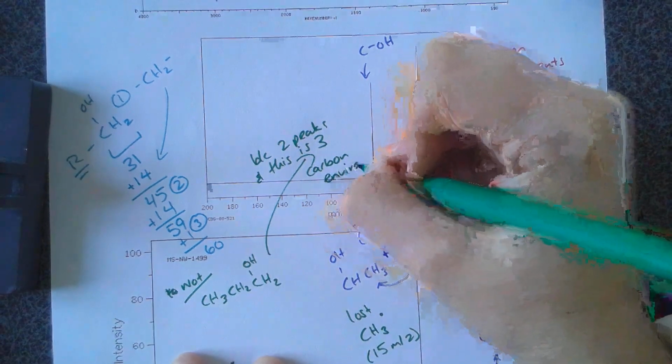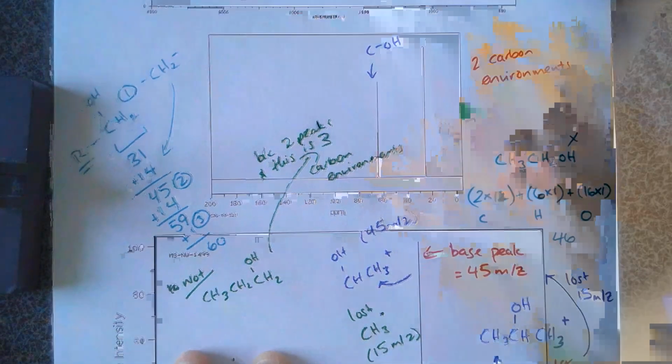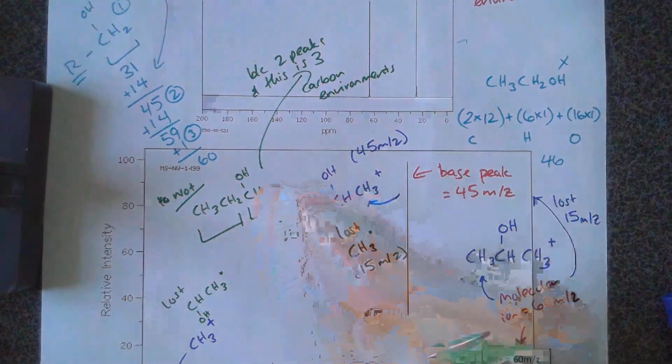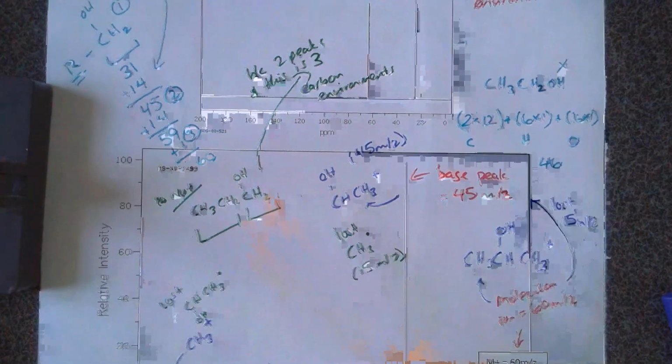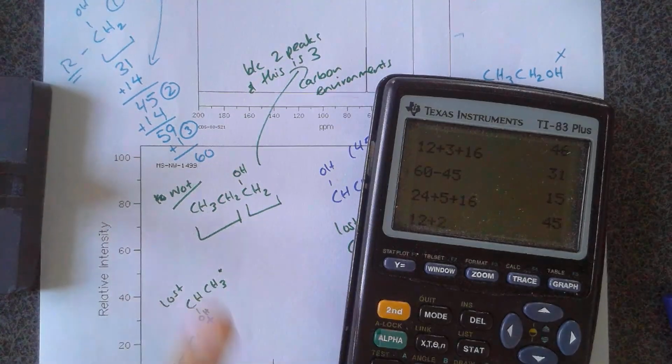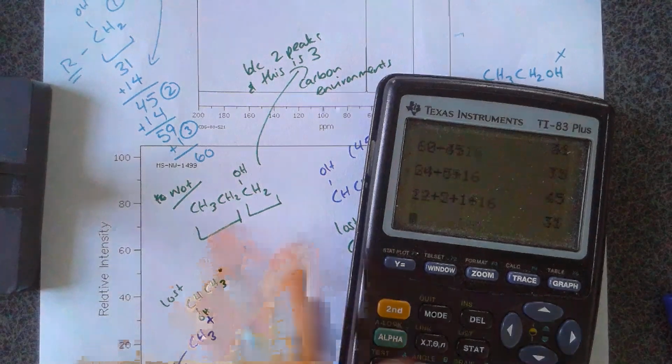The other way you can justify it is based on the fragment patterns. So when I look at these 2 molecules here, this one has a unique fragment that you can get that this other one can't get. So in this one here, I can have 12 plus 2 plus 1 plus 16.